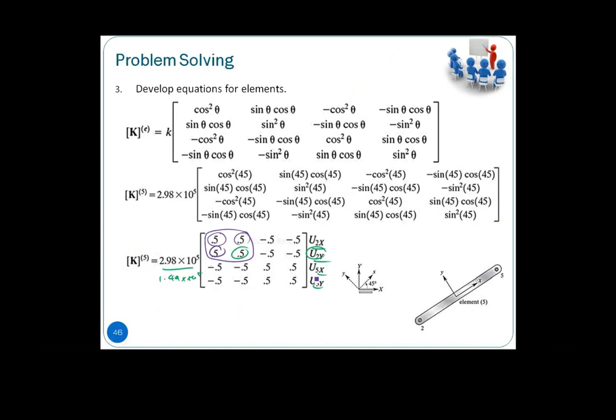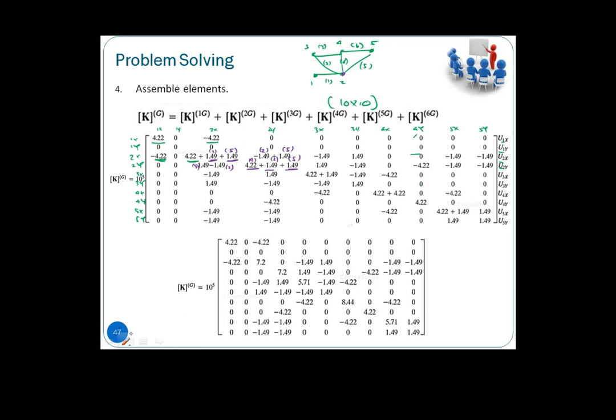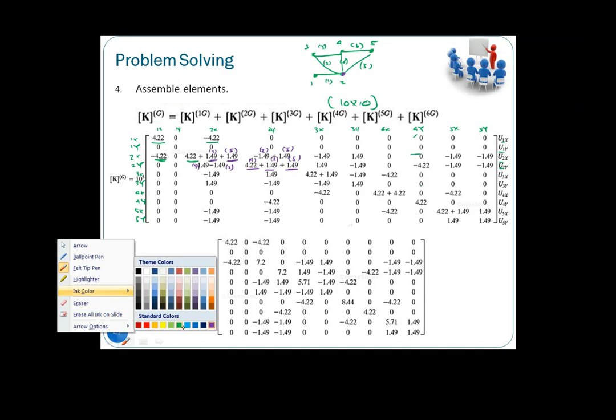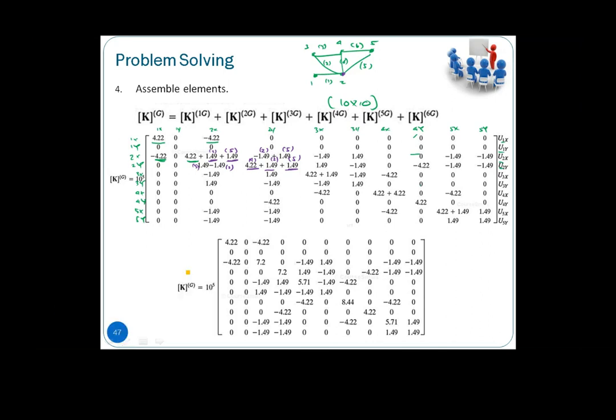So here we have node 3x, we have 4.22, then 4x is negative 4.22 from element number 3, negative 4.22, 4.22, right?